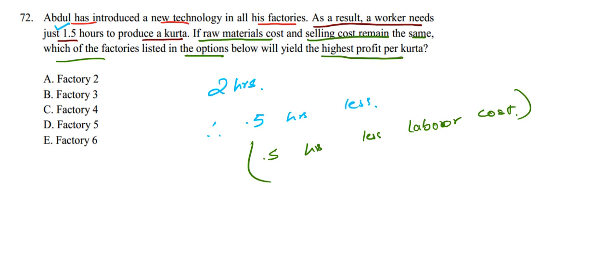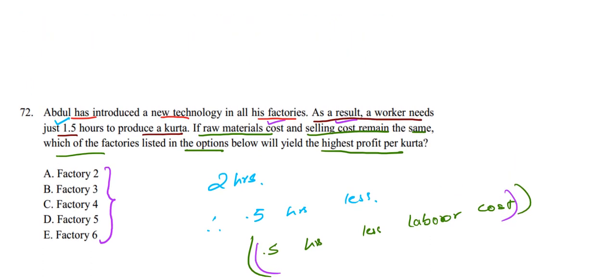Our raw materials cost and the selling cost are the same, so we need to find the highest profit out of factories 2, 3, 4, 5 and 6. So let's find the profit of 2, 3, 4, 5 and 6 by adding the 0.5 hours labor cost to their profits.